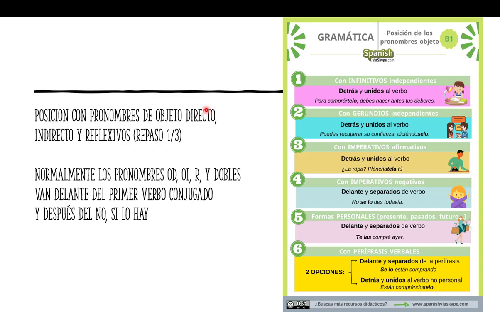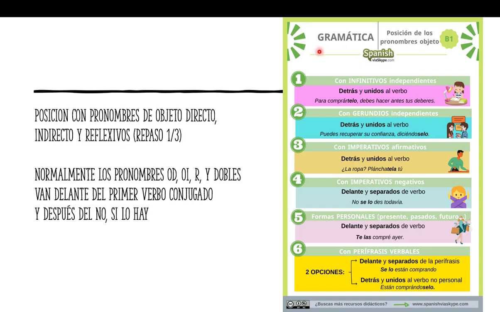So just a very quick revision of what we did, and to focus on when and where to put these pronouns. We have to remember that all direct, indirect, and reflexive pronouns, and when they go together, always go in front of the first conjugated verb and after no if we have any.